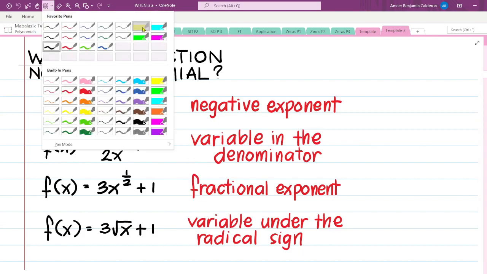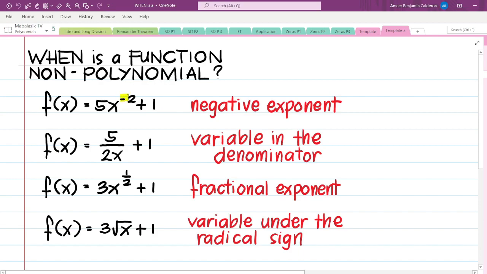Notice that our negative exponent here is to the variable x. Therefore, we have a negative exponent to a variable, and the function is non-polynomial. Next, if we have a variable in the denominator, as you can see, we have here an x in the denominator. That is not a polynomial.